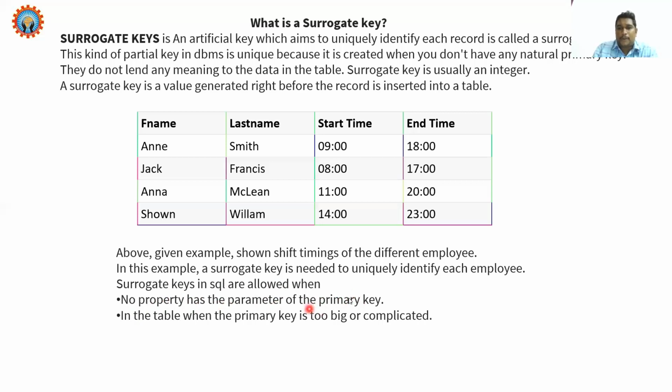If there is no primary key property, we have to artificially take one as a primary key, when the primary key is too big or complicated. Mostly we take the starting time, so based upon starting time you can retrieve the data. This is not 100% information about the surrogate key, but it is genuine information, because in DBMS we won't use surrogate keys.